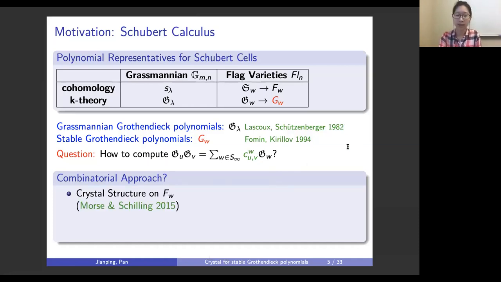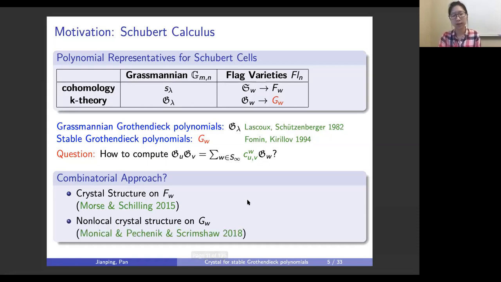One successful example is the Stanley symmetric functions. Jennifer Morse and Anne Schilling found a crystal structure on the Stanley symmetric functions. I'll talk about what a crystal is in a little bit. For now, just think of them as directed labeled graphs. Using the crystal structures on the combinatorial objects underlying the Stanley symmetric functions, they were able to compute the intersection numbers for the cohomology of flag varieties in some special cases.